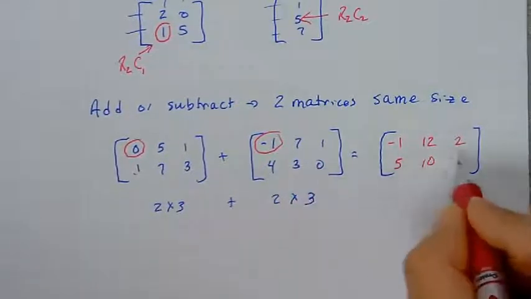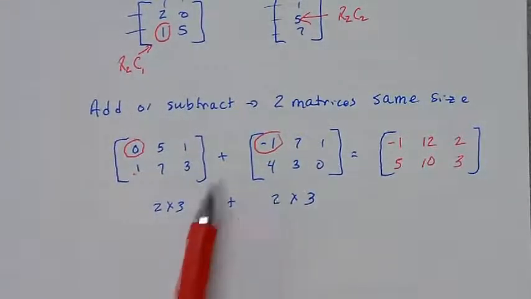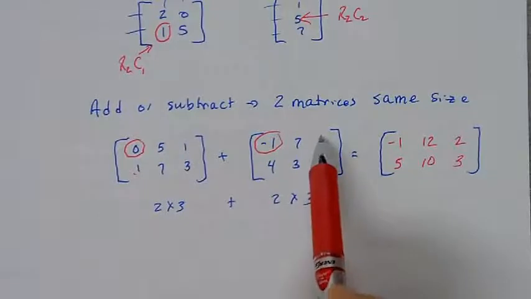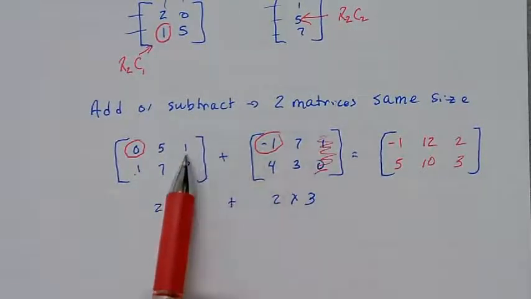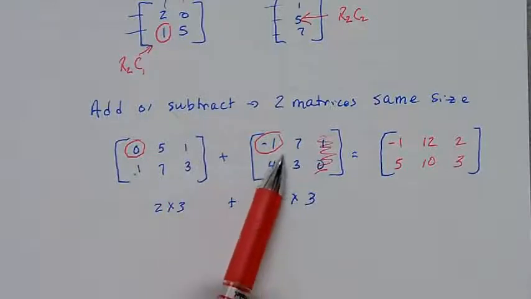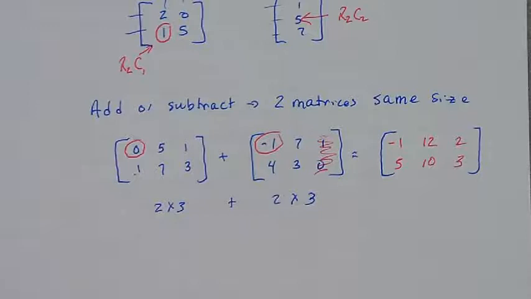And 3 plus 0 would be 3. So they have to have the exact same number. You can see how if these weren't the same size, so let's say this whole column wasn't here, when I get ready to add this one, if there's not one in the same spot, then you can't add them together. So that's why they have to be the same size.